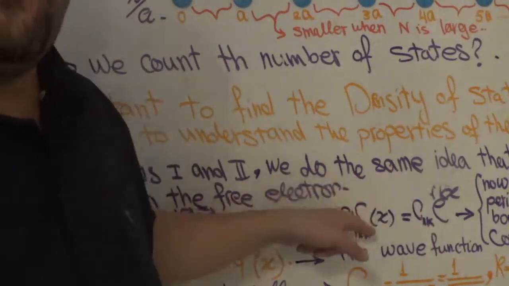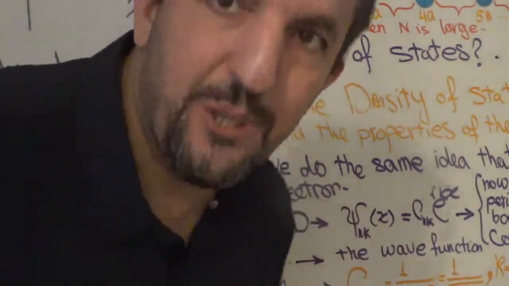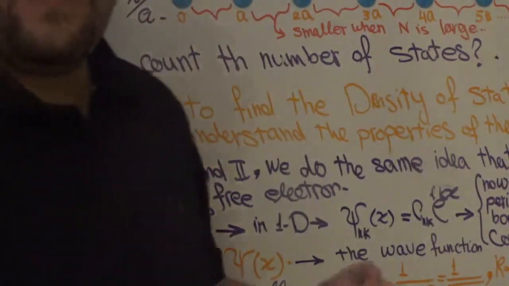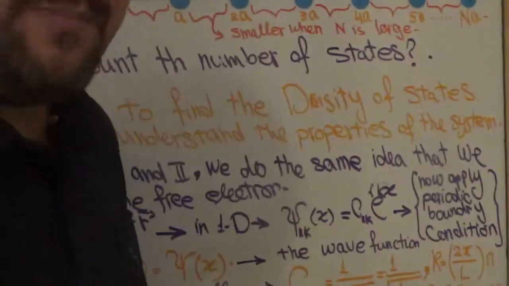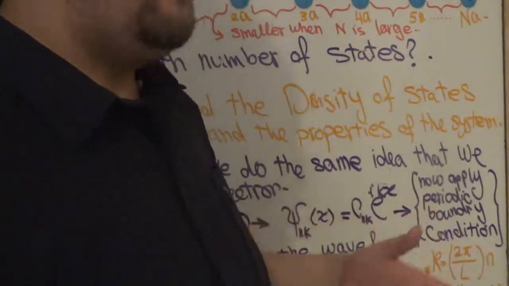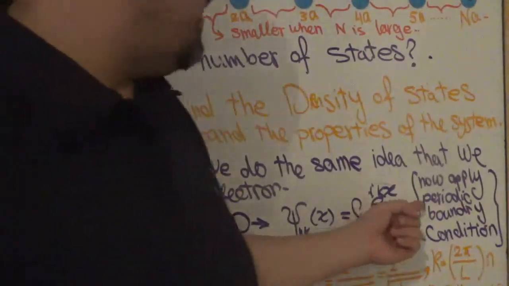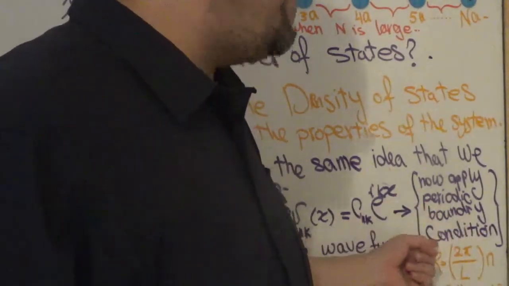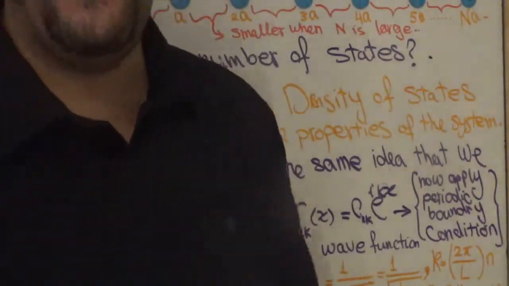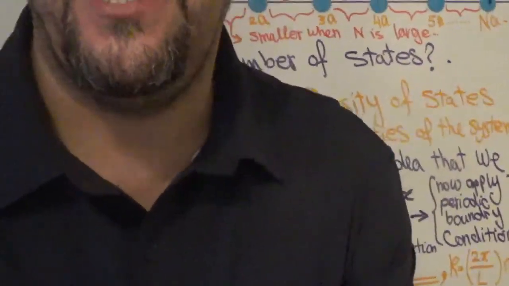This is what we use, guys, to solve the free electron problem. But we need here to respect something, guys. We need to respect and apply the periodic boundary condition.